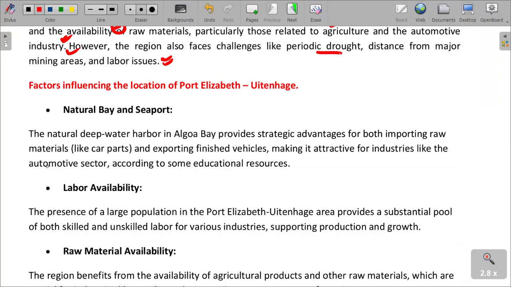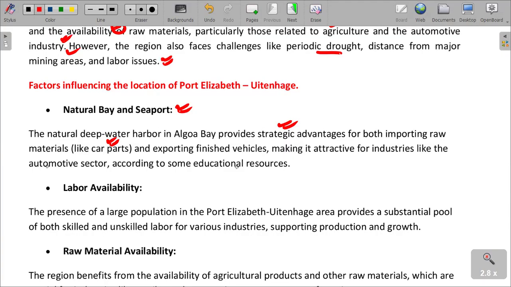First and foremost, we have the natural bay and seaport. The natural deep water harbor in Algoa Bay provides strategic advantages for importing raw materials like car parts. I'm sure we know very well that car assembling takes place in Port Elizabeth because of the bay, which has the strategic advantage for importation of accessories for car parts.